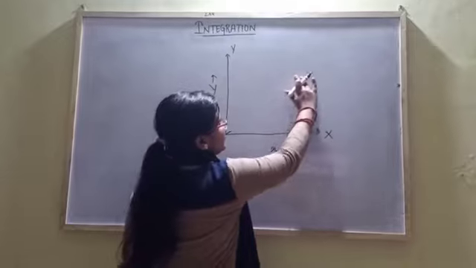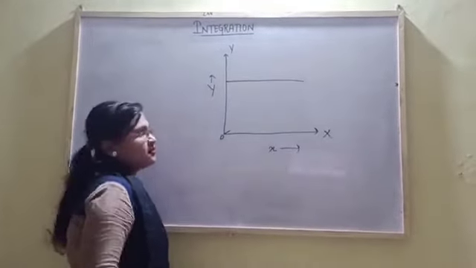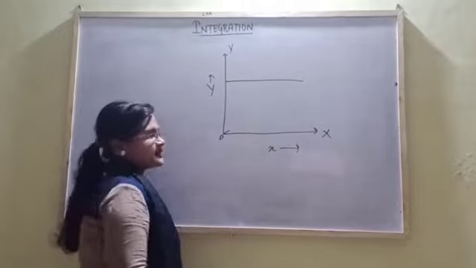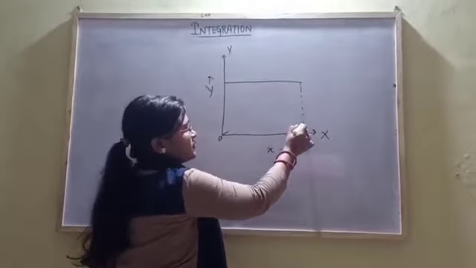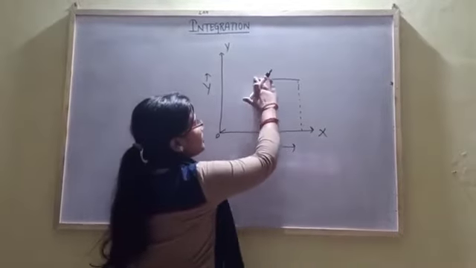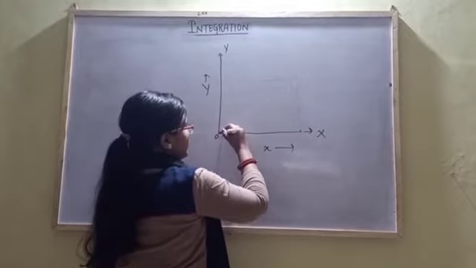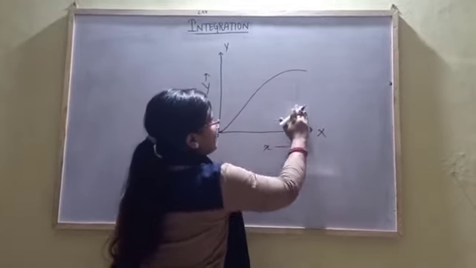And if I ask you to find the area of this graph with respect to the x-axis, again you can find the area of this rectangle, that is length into breadth. But what if I ask you to find the area of this graph?